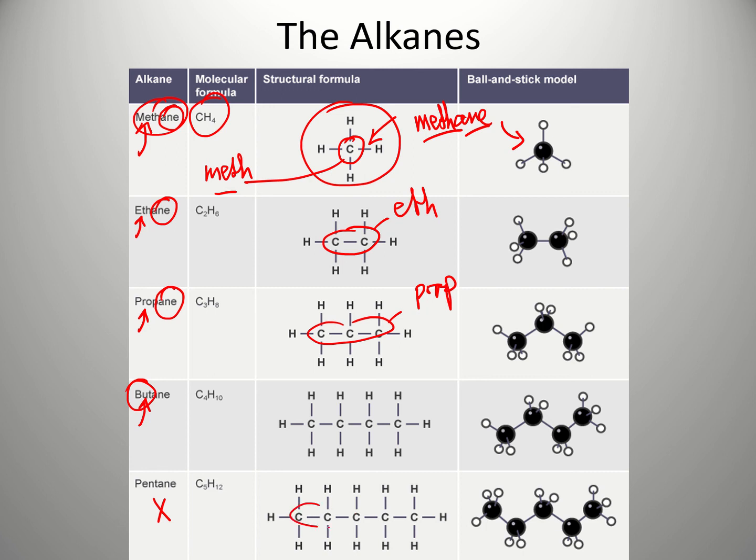For example, down here, it's all single bonds and it's carbon and hydrogen only. The ending is ANE. I have 5 carbons in it here, so that is pent. Pent is 5. And those you have to know. The first 4 there, from methane down to butane, you have to know. You also have to know that they are all gases. That's quite easy to remember.